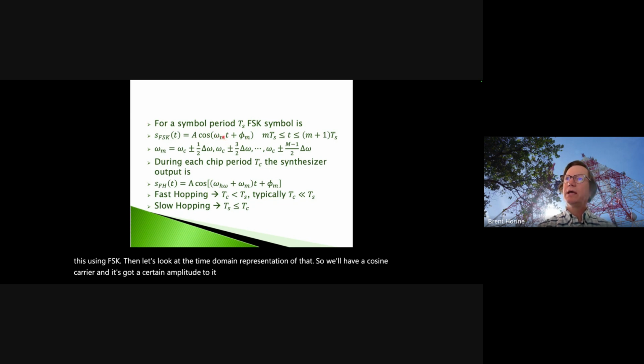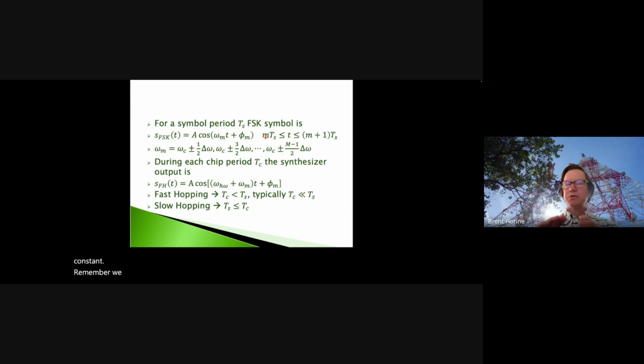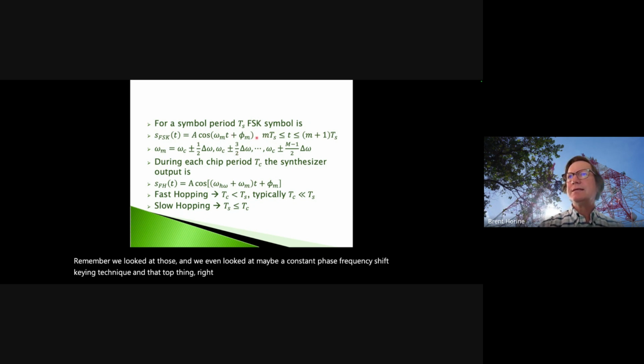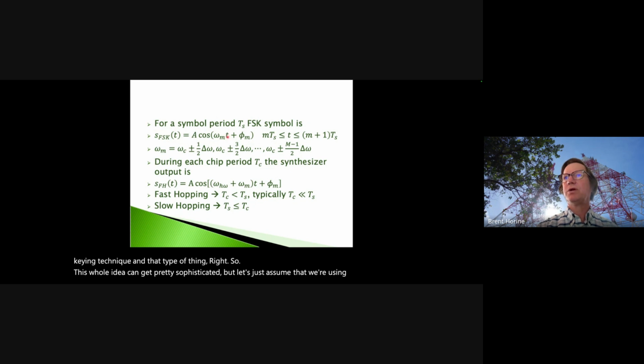And now we can either modulate the frequency or the phase. And let's say we modulate the frequency, and so we'll keep the phase constant. Remember, we looked at those, and we even looked at a constant phase frequency shift keying technique and that type of thing, right? So this whole idea can get pretty sophisticated, but let's just assume that we're using different frequencies here, right?